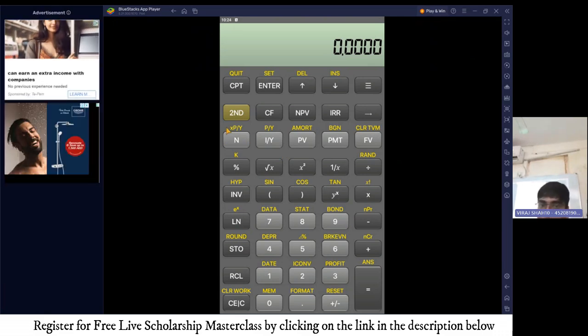Whenever you use this line, the third row in the calculator, N, I by Y, PV, PMT, FV, before using that always press second and the FV button. What does second do? The CLR TVM written above gets activated. You will see CLR TVM above in the calculator. So first you have to remove whatever value is stored inside the TVM. For that you press second and then the FV button, so CLR TVM is done.